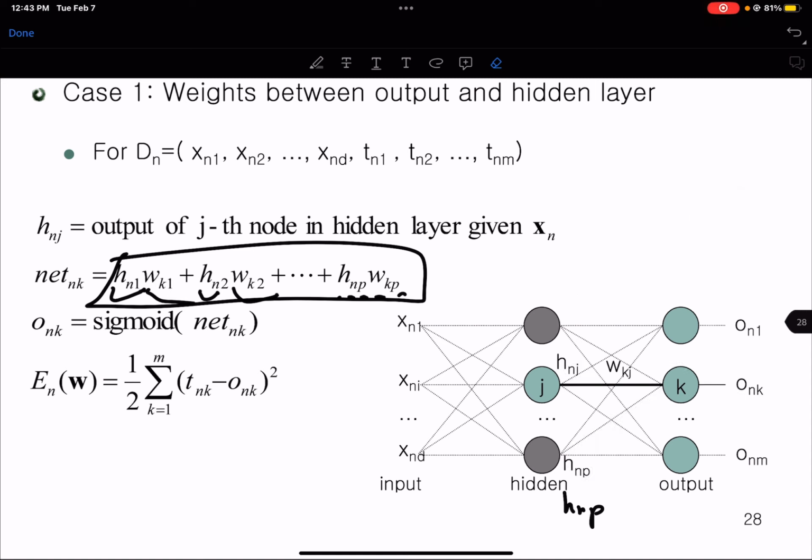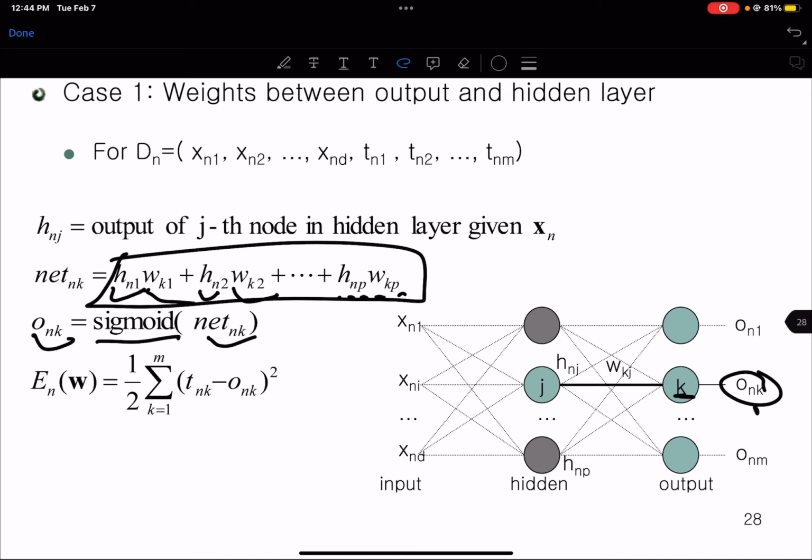So net_nk is basically the summation of all the outputs from the previous hidden nodes multiplied by the weights for those respective links. And finally, we will apply the sigmoid to this net value, and the output we obtain is o_nk.